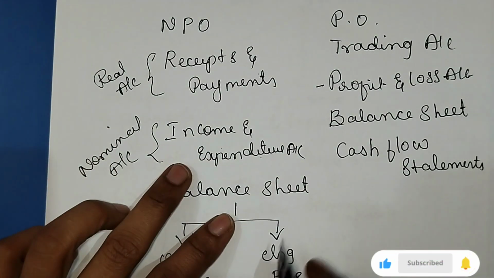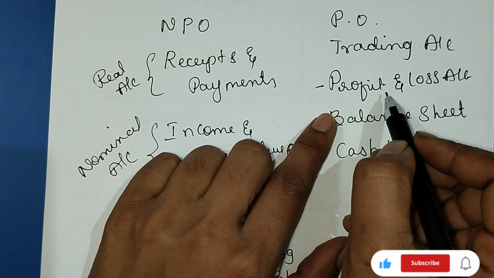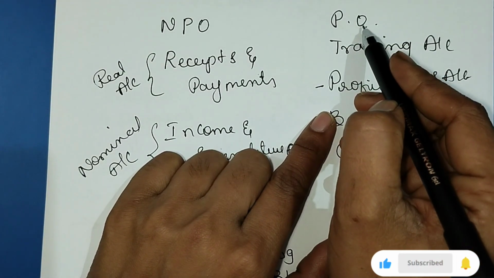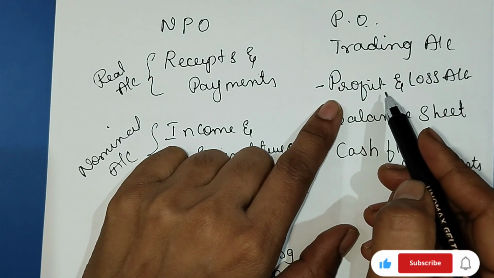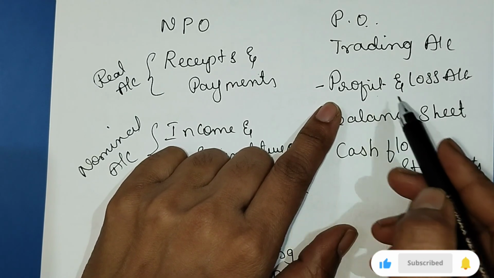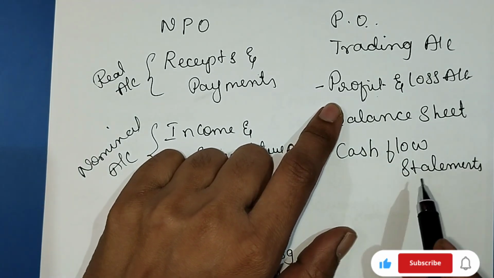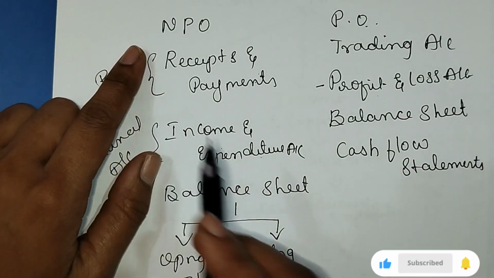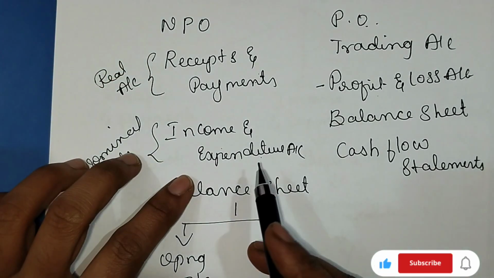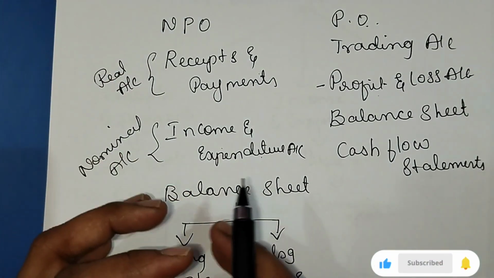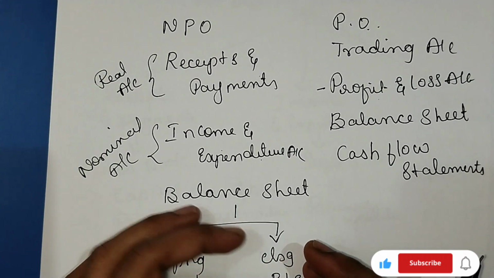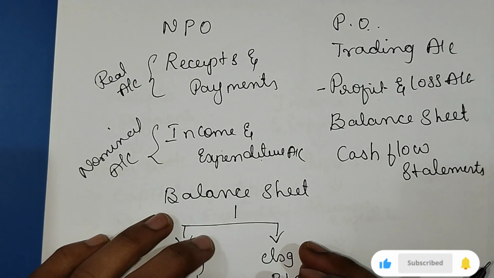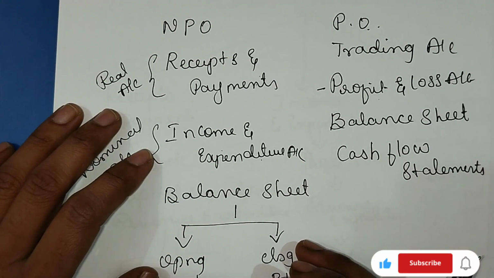Here, under profit and loss account, because it is a profit-oriented organization, they will prepare it to know the net profit or net loss of the organization. And a not-for-profit organization just wants to know the expenses, what they are spending, and to have control over the expenditure, they are preparing it, right?